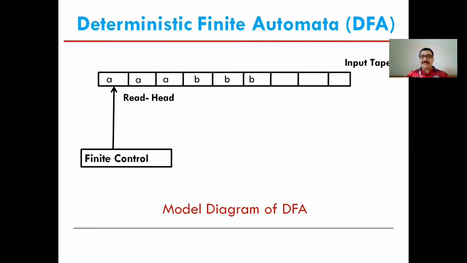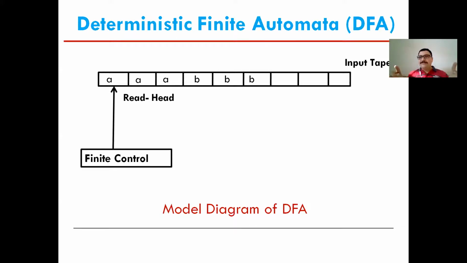Now let us start with the first machine, that is the deterministic finite automata, that is DFA. So this is the basic machine of this subject TAFL, Theory of Automata and Formal Languages. This DFA consists of basically three parts. First one is the input tape, second is the head, and third one is the finite control.